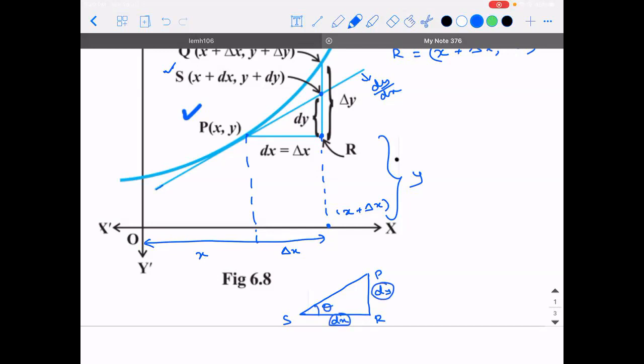If I extend, this will be theta and this will be theta, correct? So what is tan theta? Dy by dx, correct? So where dy by dx is going to be the slope of the tangent. So can I say that this is dy and this is dx?